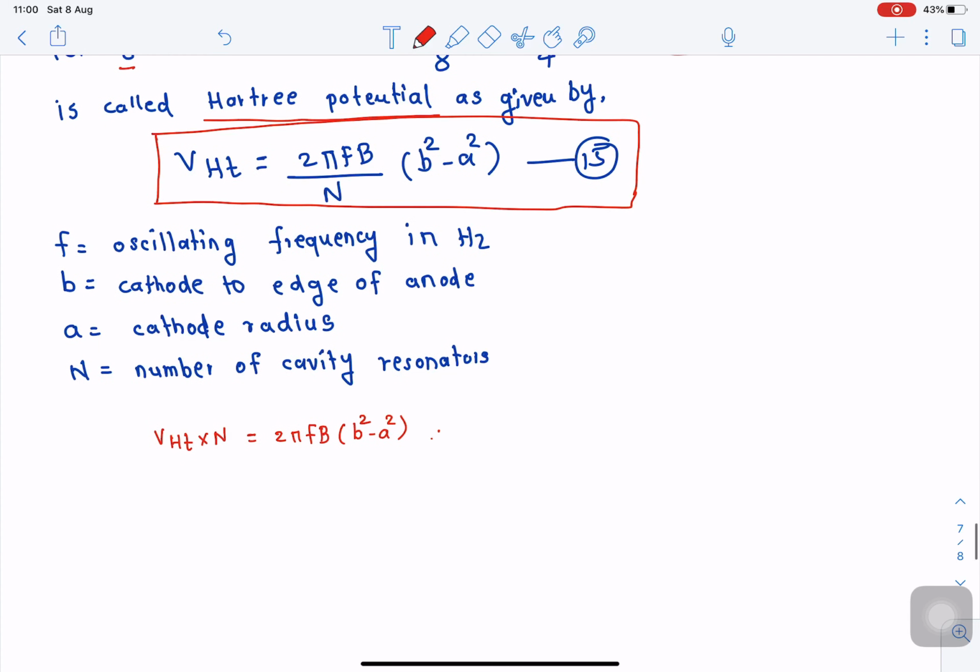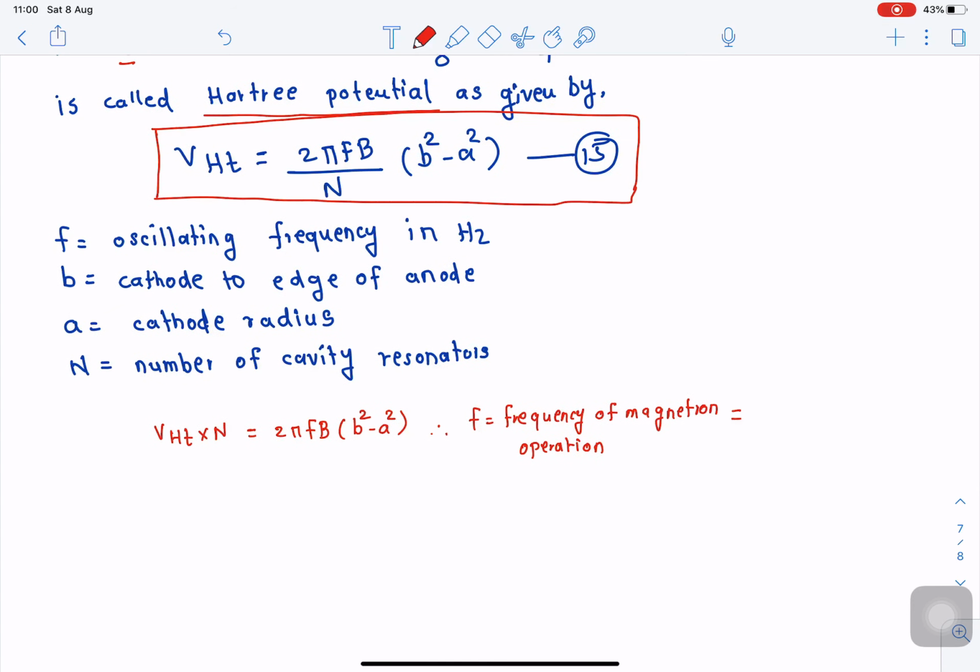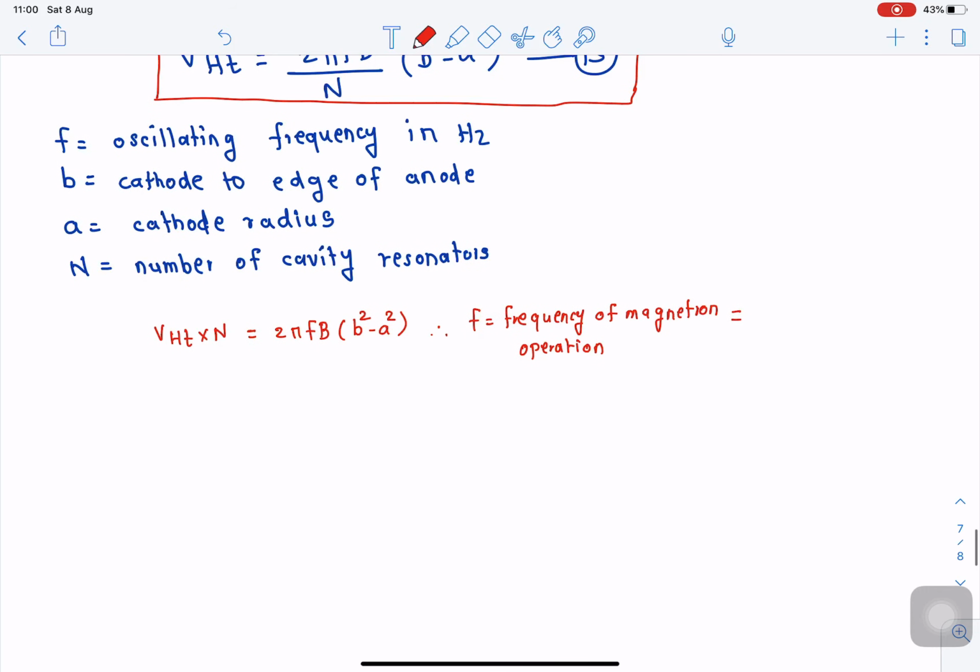Therefore, frequency f, the frequency of magnetron operation, can be rearranged in terms of Hartree voltage VHT multiplied by n, divided by 2 pi times b square minus a square.